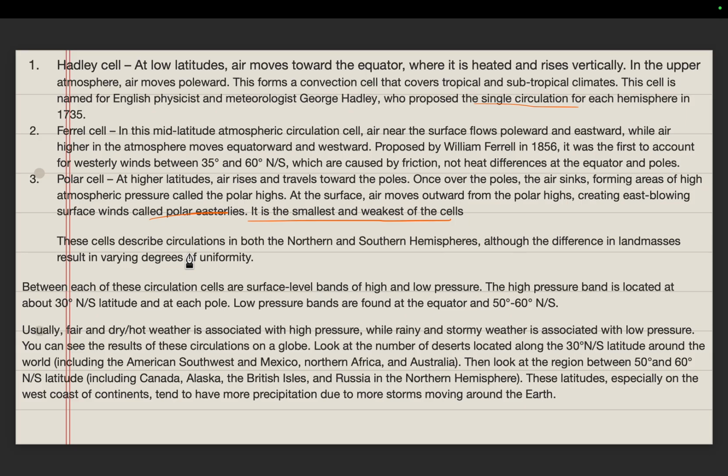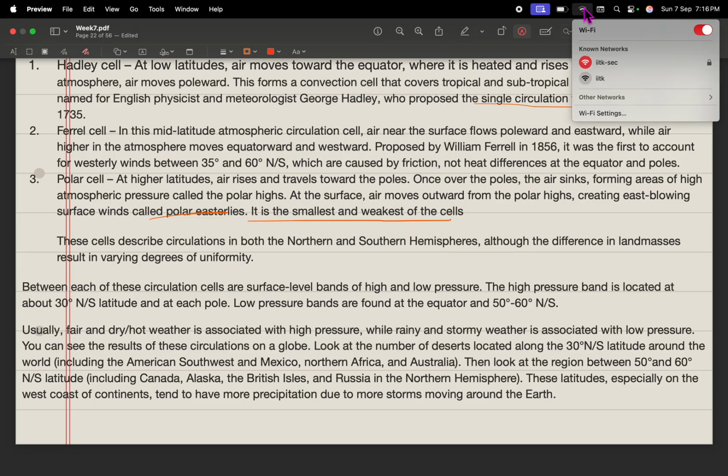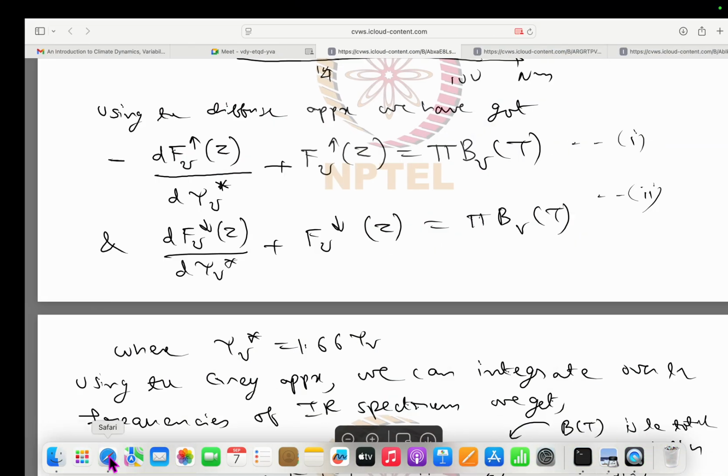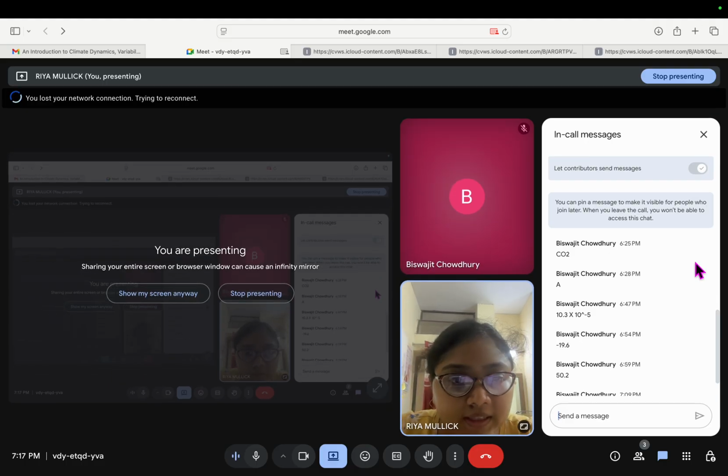Although the difference in the land mass in the result... Am I audible?